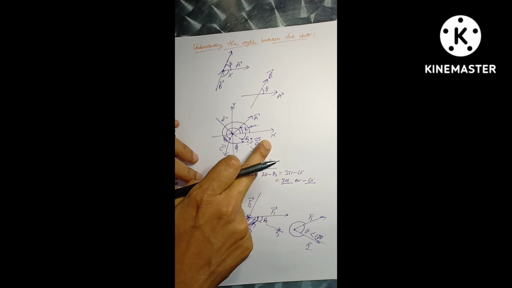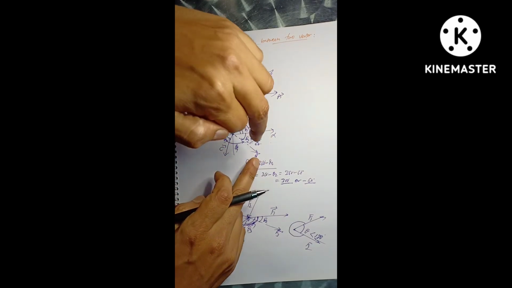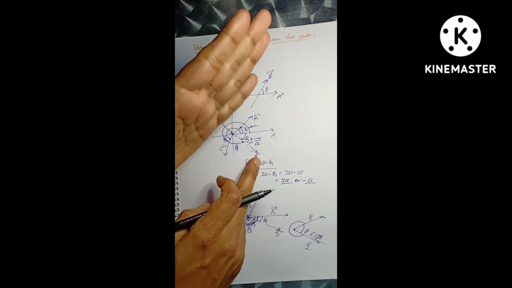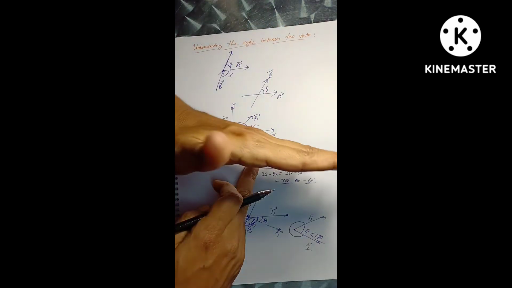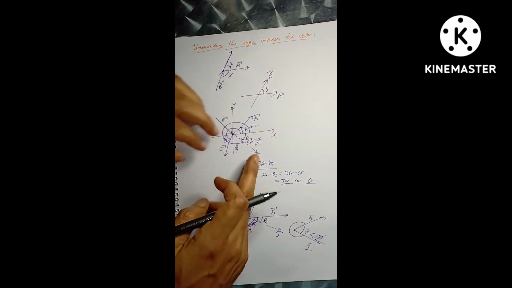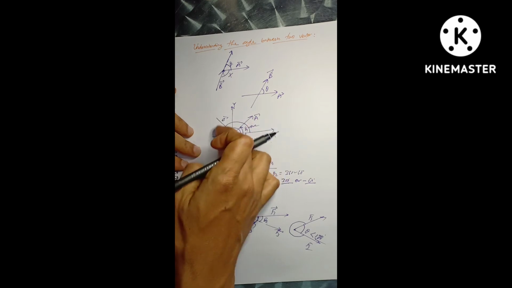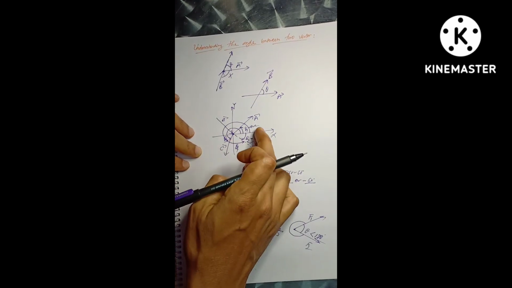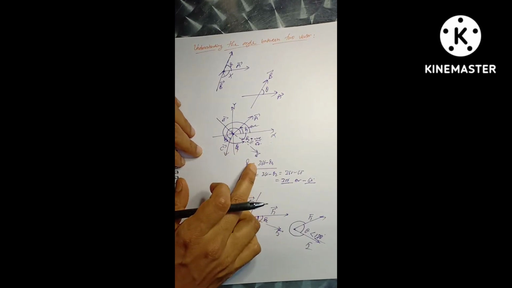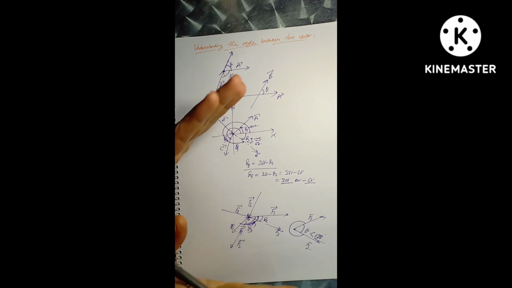But in the axial case, to measure the angle of the vector with respect to the x-axis, we need to measure the angle in the anti-clockwise direction as positive and the clockwise direction as negative. So this needs to be remembered in the selection of angle.